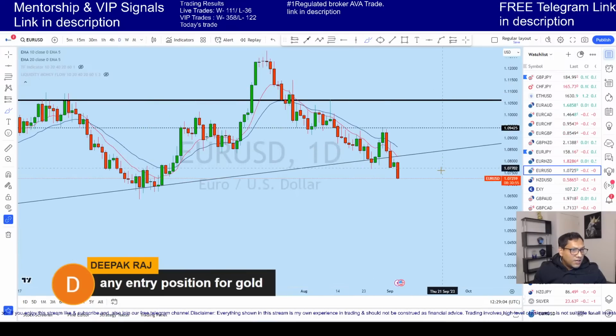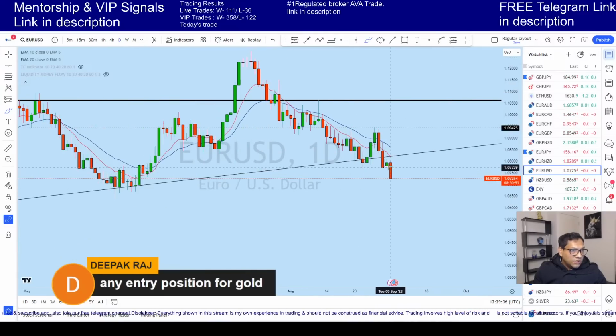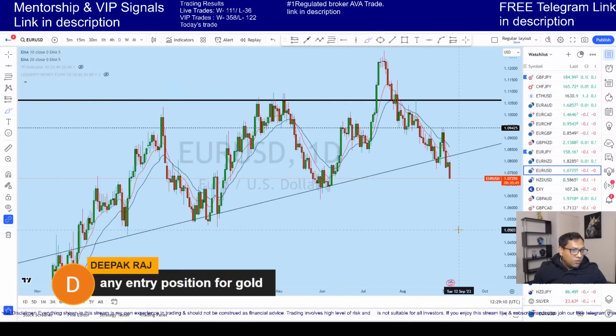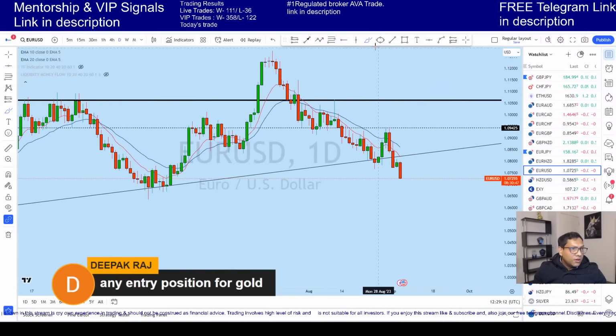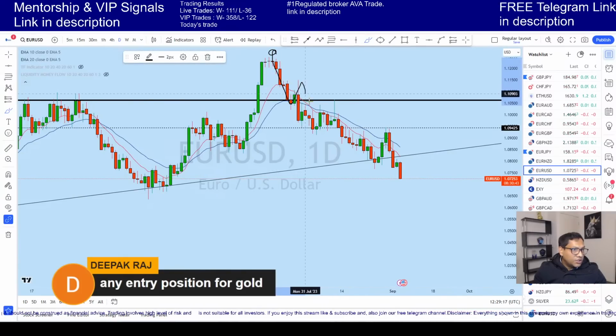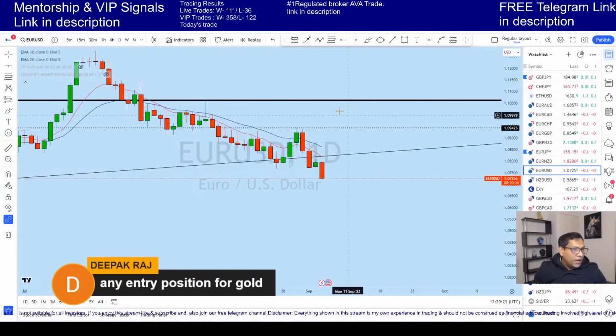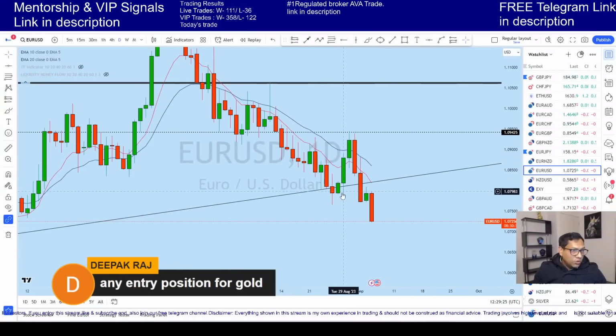Now looking at the daily, we see that this is a sharp downtrend at the moment. Why? Because first of all, starting from here Euro dollar created this impulse and correction, so the price is creating a series of lower highs and lower lows. At the same time, a movement to the upside has broken this high.